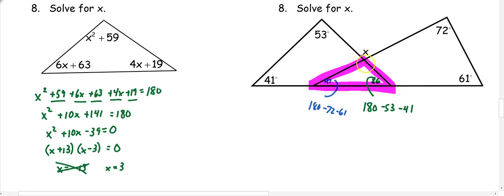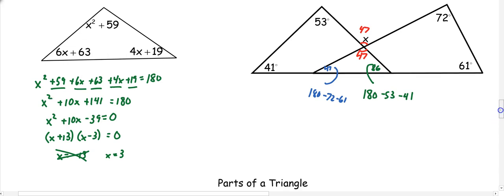To find that missing angle, I would do 180 minus 47 minus 86. I get a measure of 47 degrees again. Now, 47 and x are vertical angles, so they have the same measure, so x is also 47 degrees.